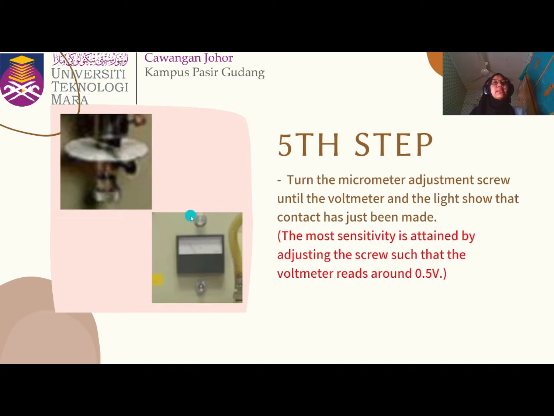When the contact has been made, the voltmeter, which is at this indicator, will be turning on, and there will be some different value here, which can mean that it is functioning well. The most sensitivity is attained by adjusting the screw such that the voltmeter reads around 0.5 volt.